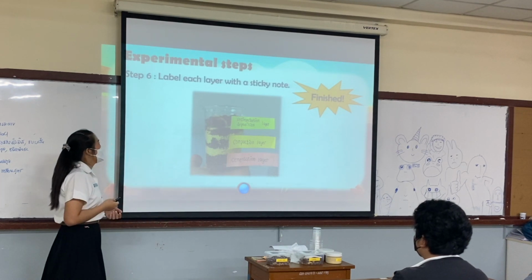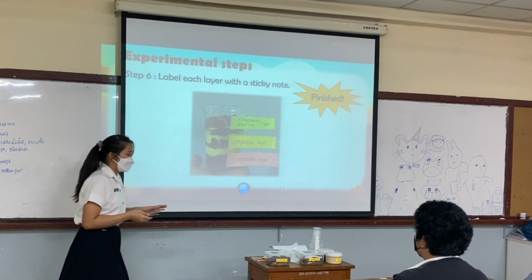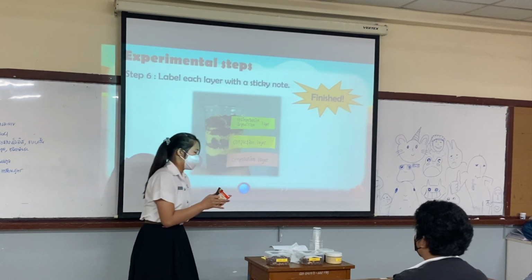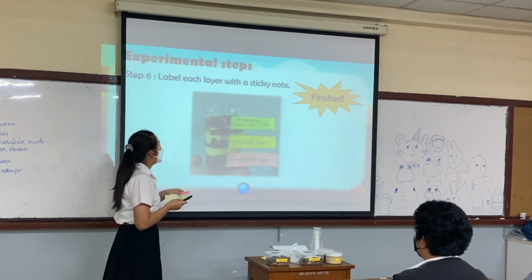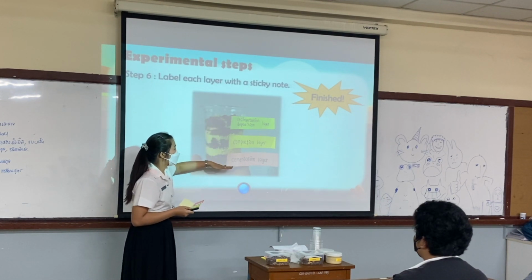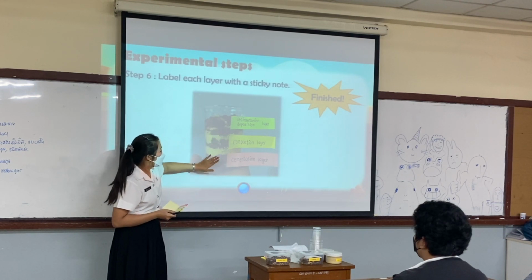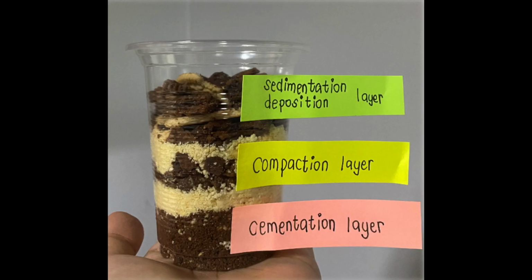Step number 6, you need to label each layer with a sticky note, and that's it. This is a sticky note for all of you. You need to write down what is this layer and also this one and this one, the name of each layer. Just like the first layer or the bottom is cementation layer, compaction and sedimentation layer.